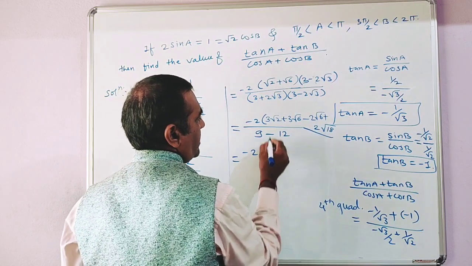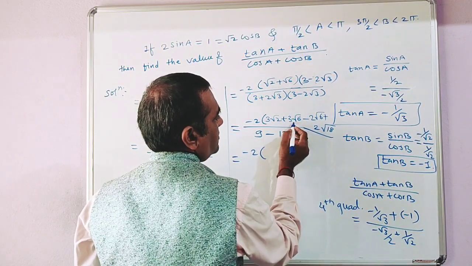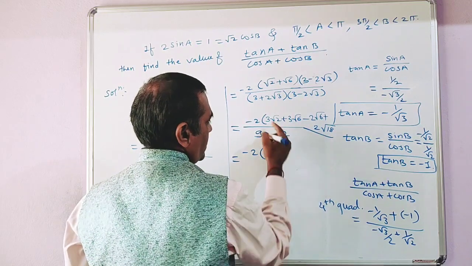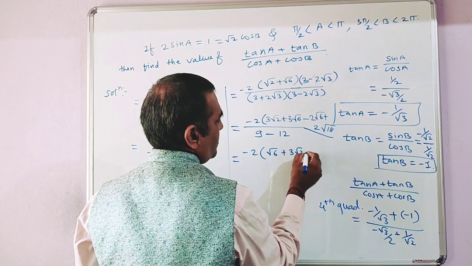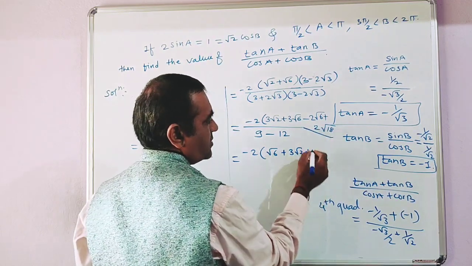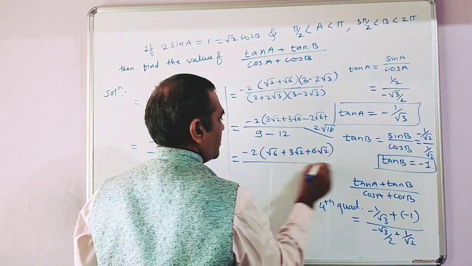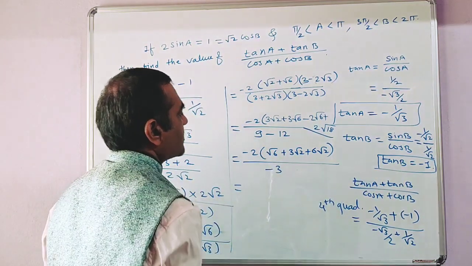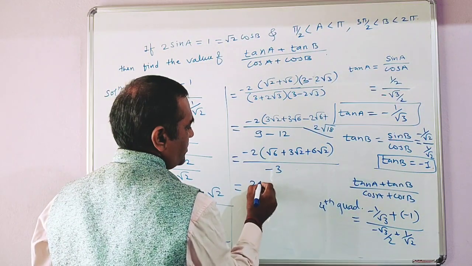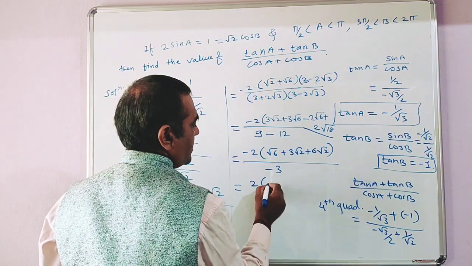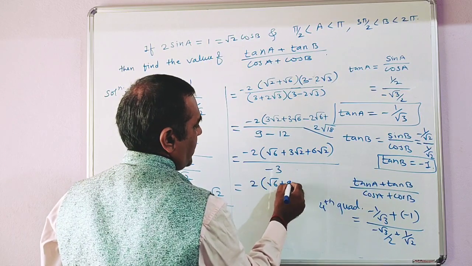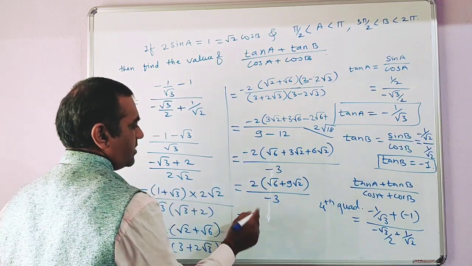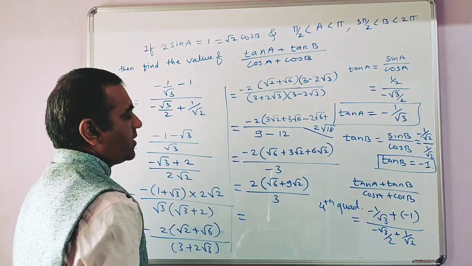Now minus 2 in bracket 3 root 6 minus 2 root 6 plus 3 root 2 plus 6 root 2, again whole divided by 9 minus 12, minus 3. Minus getting plus 2 in bracket root 6 plus 9 root 2 upon minus 3. Sorry, minus getting plus 2 by 3 in bracket.